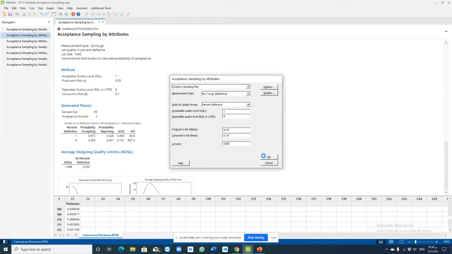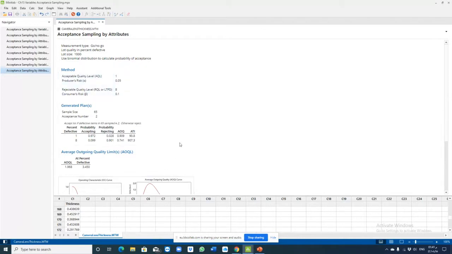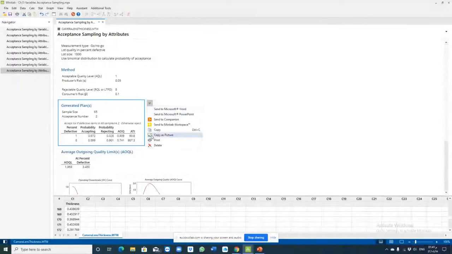When you press OK, the result will come to you here on this area, where you can have the values: the sample size is 65 and the acceptance number is 2. You can save those as a picture, you can print them, you can copy them into your document. So in the exam, when you need to upload your results, you can have all these results.